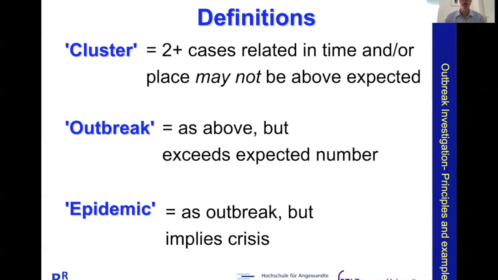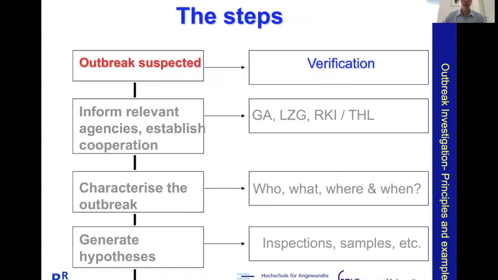So if it occurs in several continents, then you would talk about a pandemic. An epidemic is like an outbreak, but everybody feels it looks bigger. In principle, you can use both terms interchangeably. Okay, thank you. You're welcome.